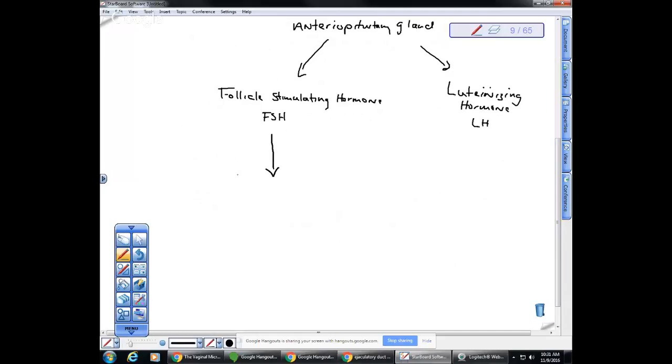And FSH specifically binds to receptors on cells which are called the sustentacular cells. Make sure I spell that right. I had it all written down, sorry. We'll look at it in a minute. Okay, so sustenance, like to sustain, right?